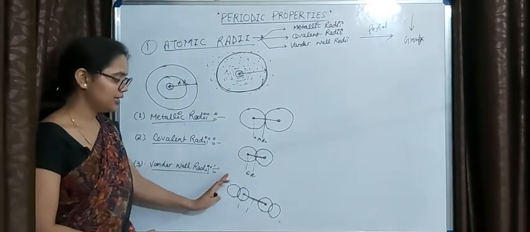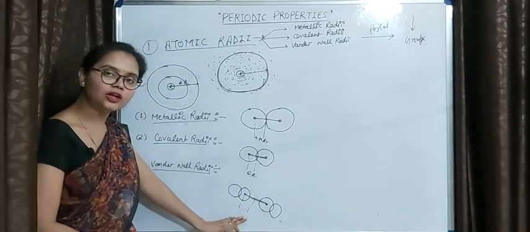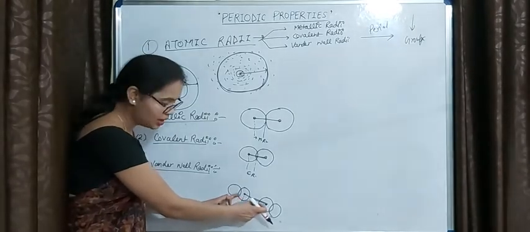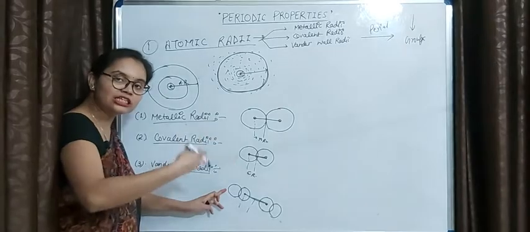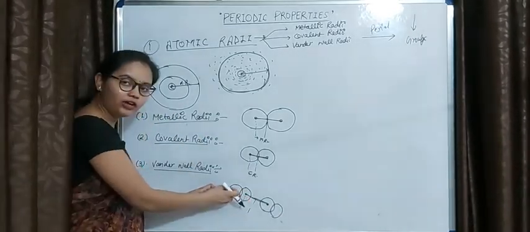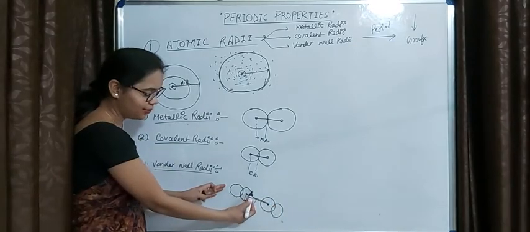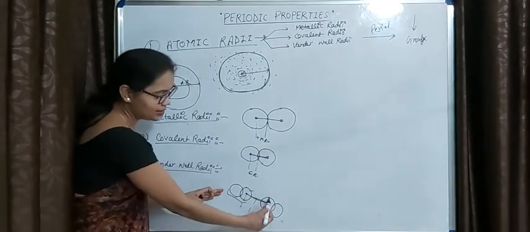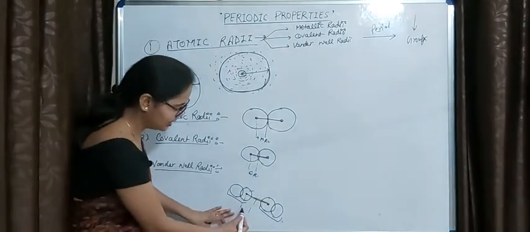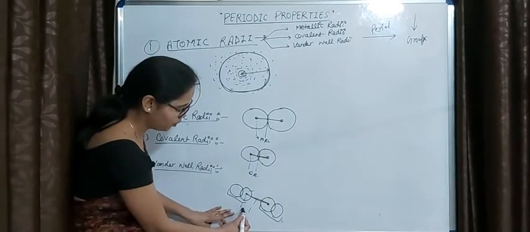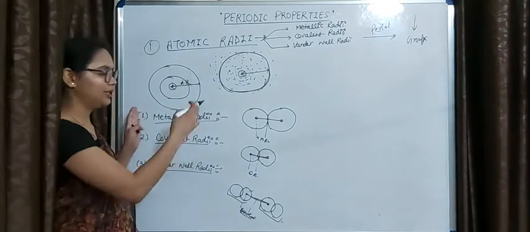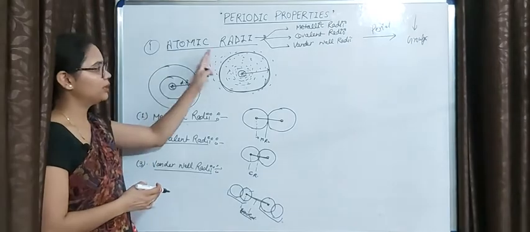Van der Waals radii is half of the internuclear distance of two atoms which belong to different molecules, as this atom belongs to this molecule and this atom belongs to that molecule. So this radius is known as van der Waals radius. These are the three types of atomic radii.